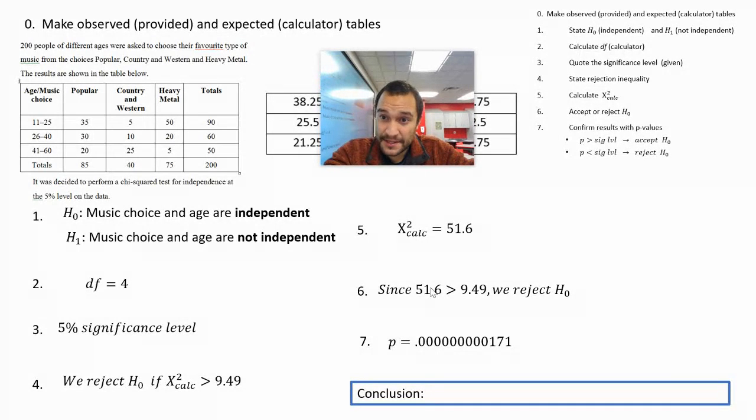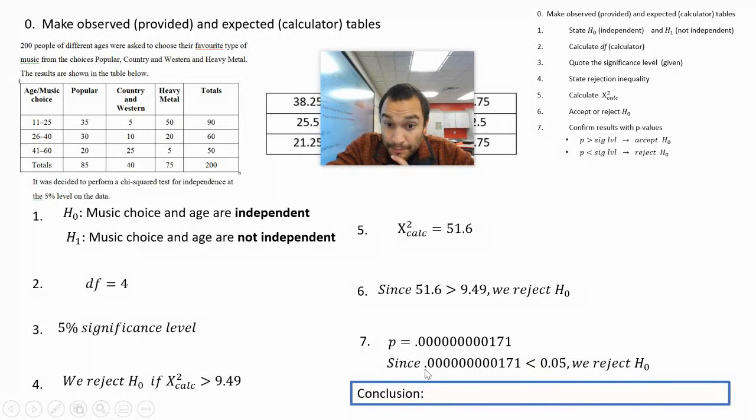Step 7 says confirm results with p-values. It says if p is greater than your significance level, accept. If p is less than the significance level, reject. Well, 0.00000000171 is less than 0.05. The 0.05 is your significance level, 5%. You need to do it as a decimal.